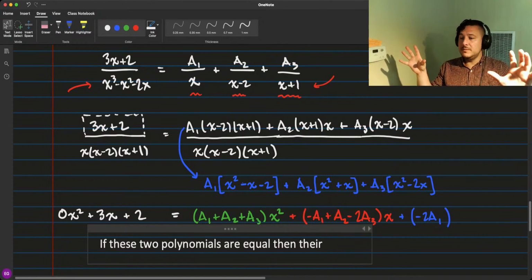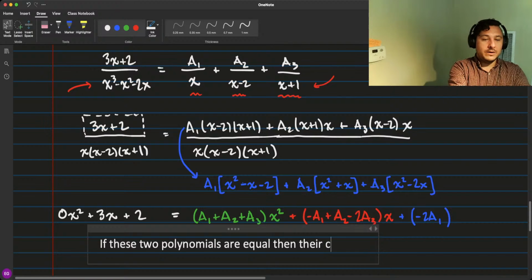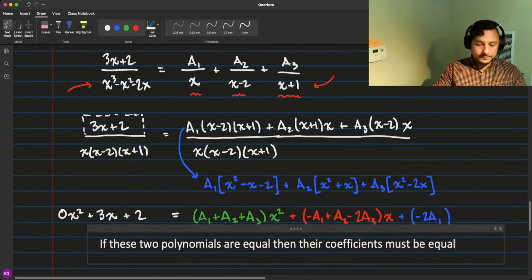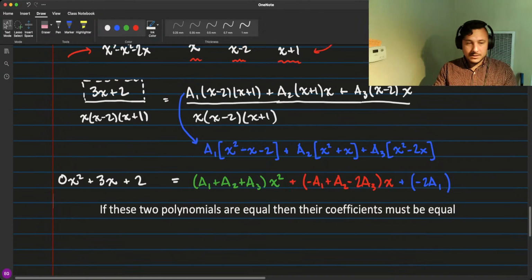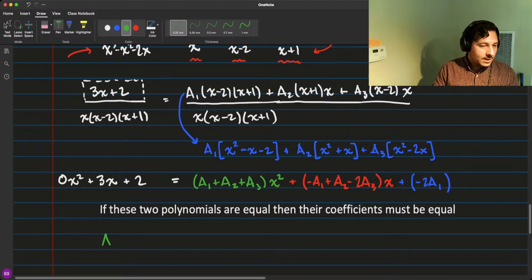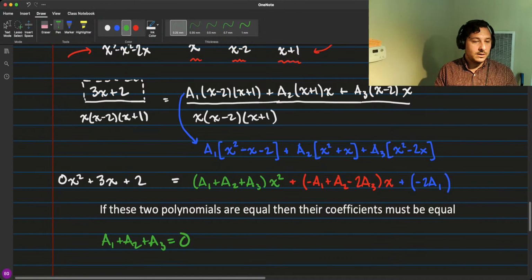So if two polynomials are equal, then their coefficients must be equal. Why is this important? Because it now tells me that a1 plus a2 plus a3 needs to be equal to 0, because 0 is the coefficient of x squared.